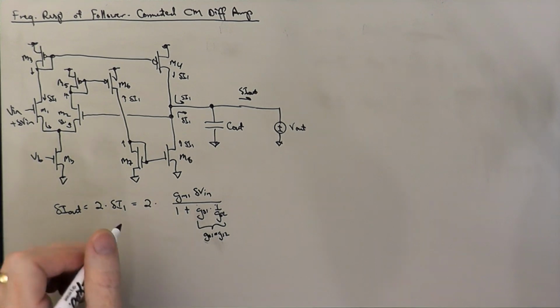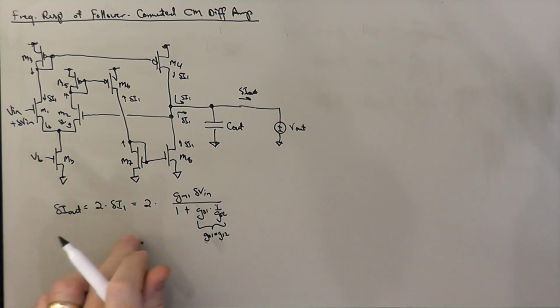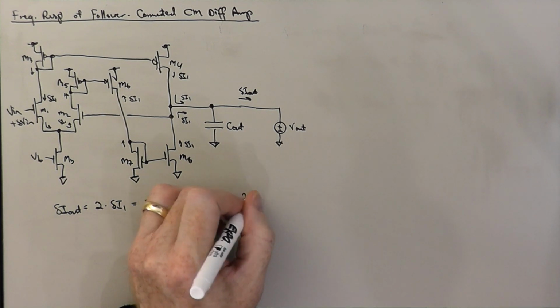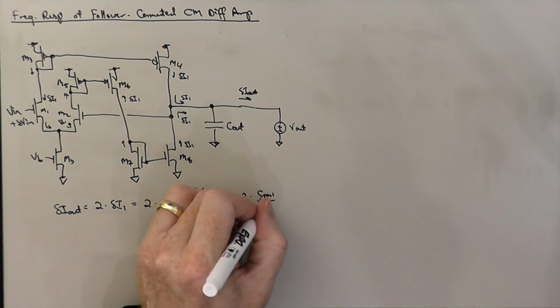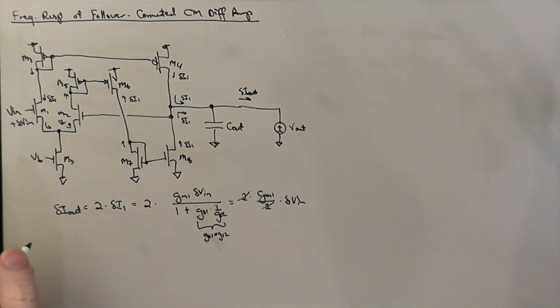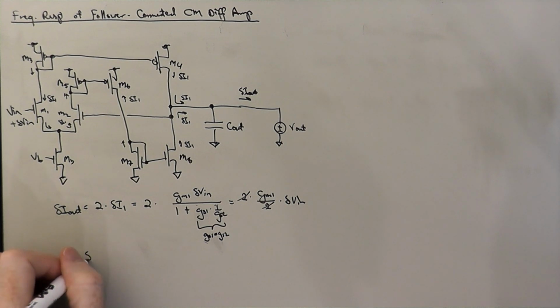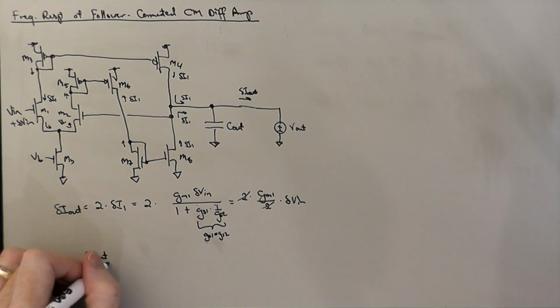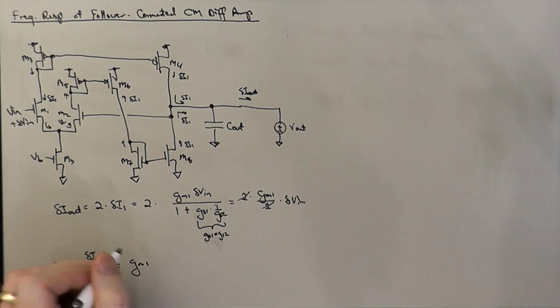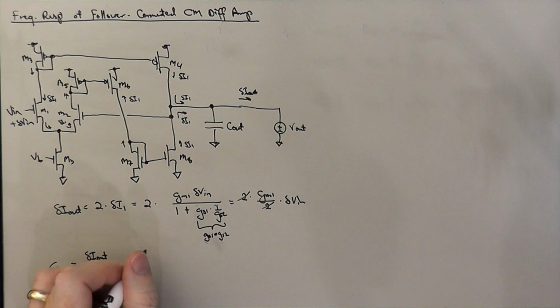And so this is just two times GM1 over 2 times delta V in. And so the GM of the circuit as a whole, which is in this case delta I out over delta V in, is equal to just little GM1, which is exactly what we found last time.